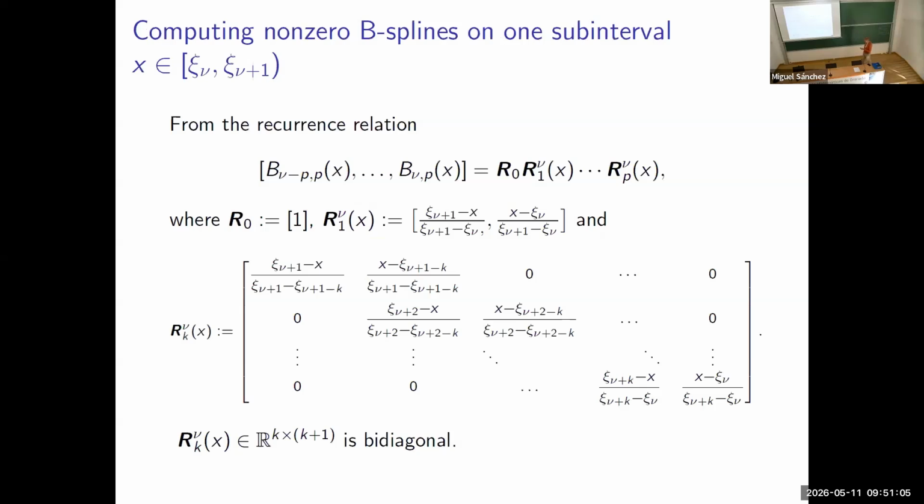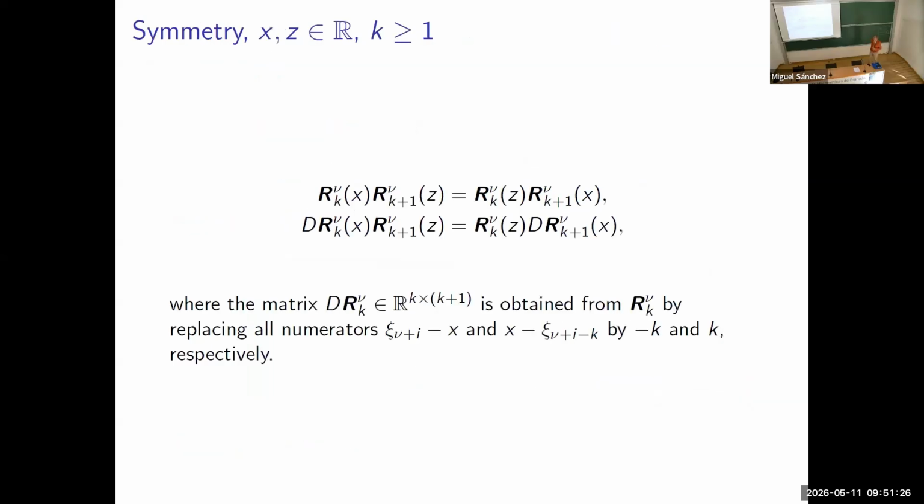So if you go back, you see, you take this, here you have a minus x, you take the derivative, and then you get the minus 1, but instead of taking minus 1, you take minus k on this, and plus k on this one. So it's a minus k down here and plus k over there. That's the derivative matrix.